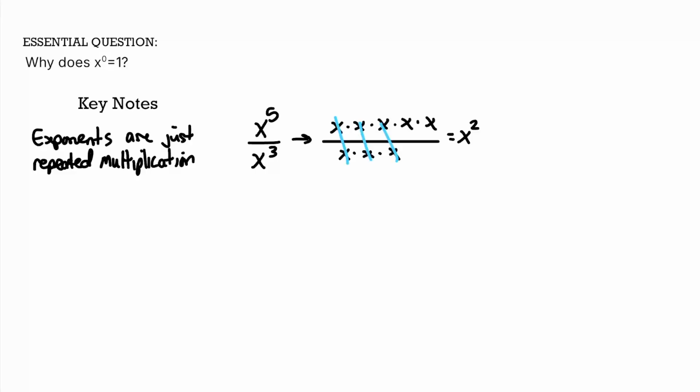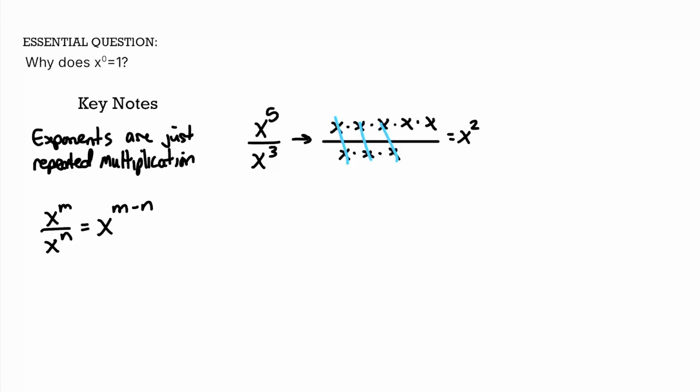Another thing that we're looking at here is one of the rules of exponents: when you are dividing the same base, so let's say you've got x to the m power divided by x to the n power, the exponent rule there is we're subtracting the exponents. So x to the m over x to the n means x to the m minus n.